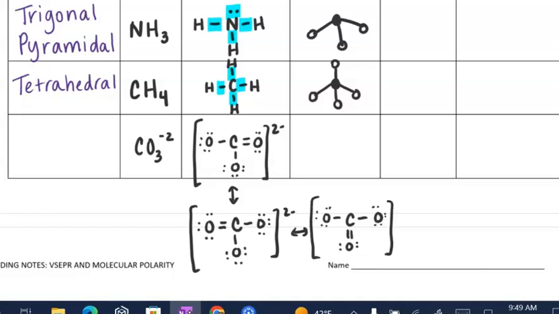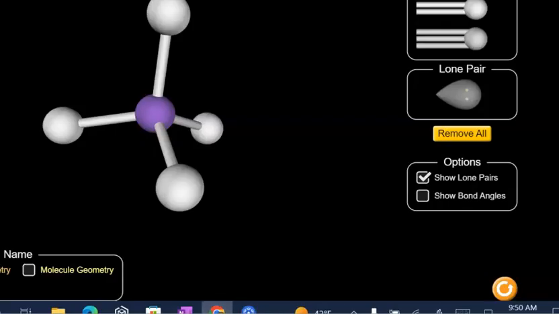All right, so we have that single atom, and again, what we care about are the electrons surrounding the central atom. I get that those oxygens also have electrons, but that's not going to impact the shape. We only care about the electrons around the central atom. So you notice that I have 2 single bonds and a double bond.